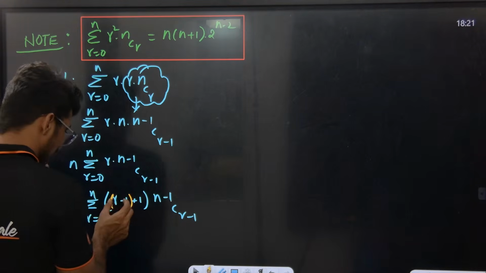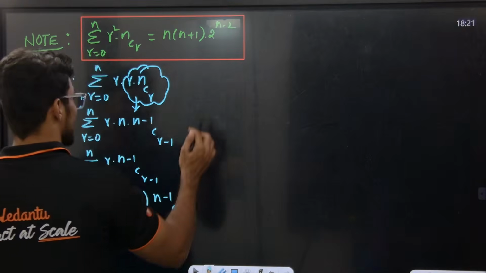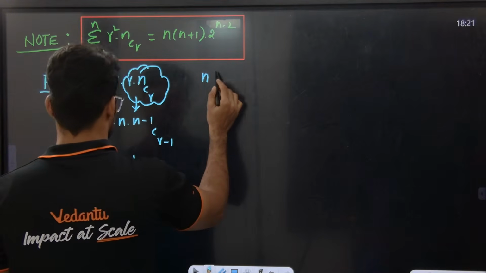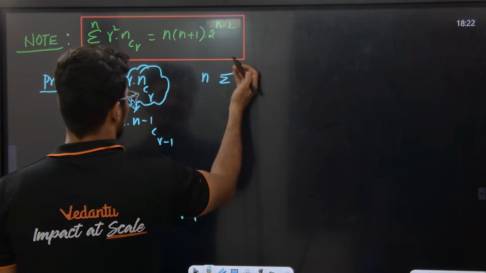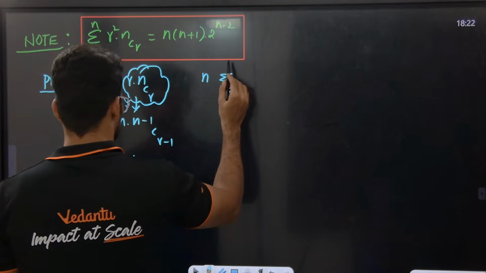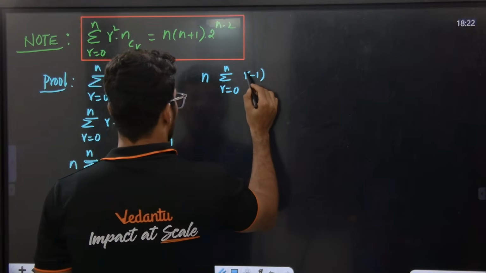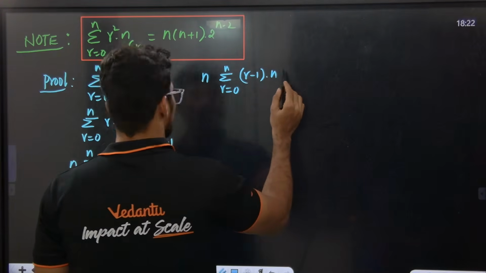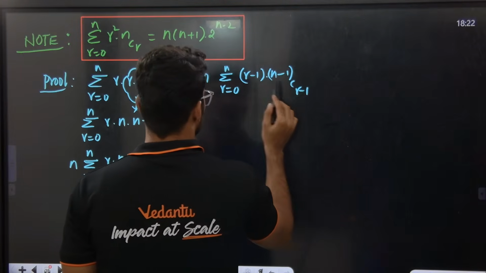Now r minus 1 plus 1 c. Okay, this is there, right? So n as it is. So now sigma r is equal to 0 to n, r minus 1 into n minus 1 cr minus 1.